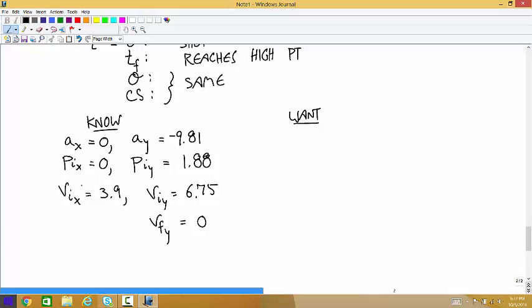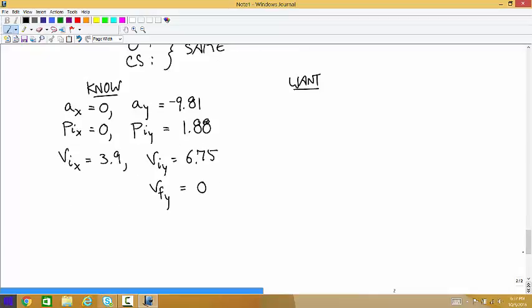I'm going to pretend like we don't know it. But actually, this is what I just said. The x component of the velocity is going to stay 3.9 through the whole motion. And what we want to find is PFY. Well, we want to find PFX too.